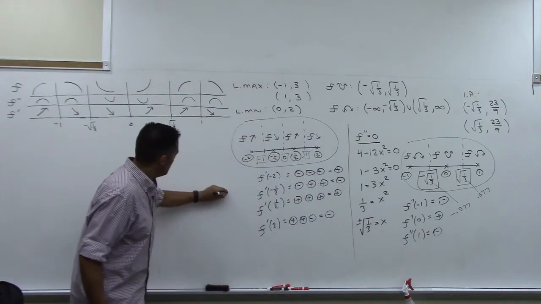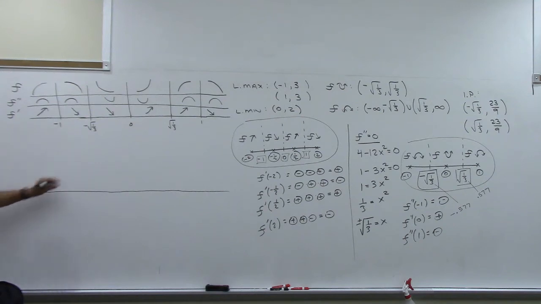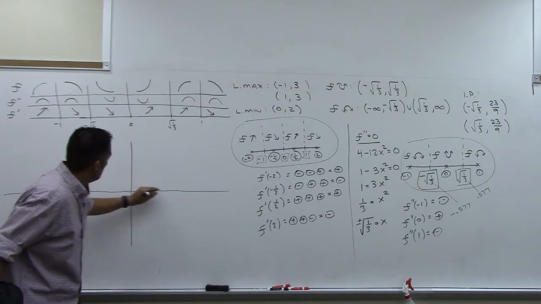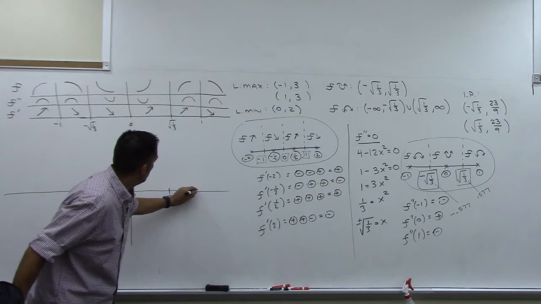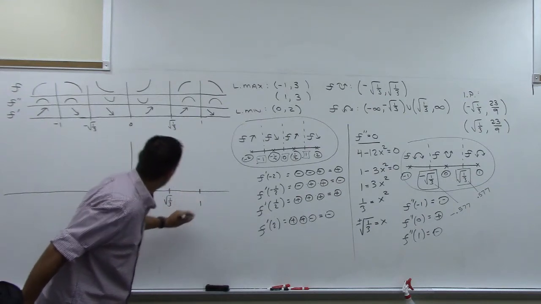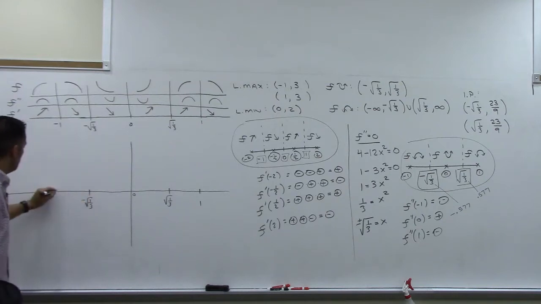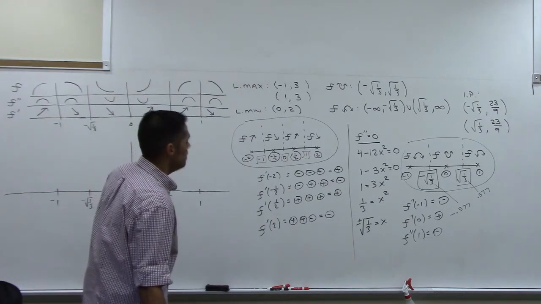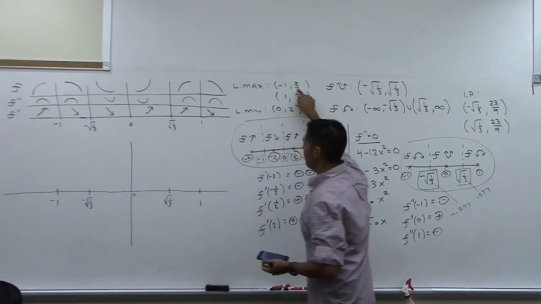And now underneath this, I'm ready to graph. So here's my x-axis. My y-axis is at 0. I've got √1/3, I've got 1 out here, -√1/3, and -1 here. Now I actually do know what these are as points. I had already plugged those in. At -1 I was at 3.